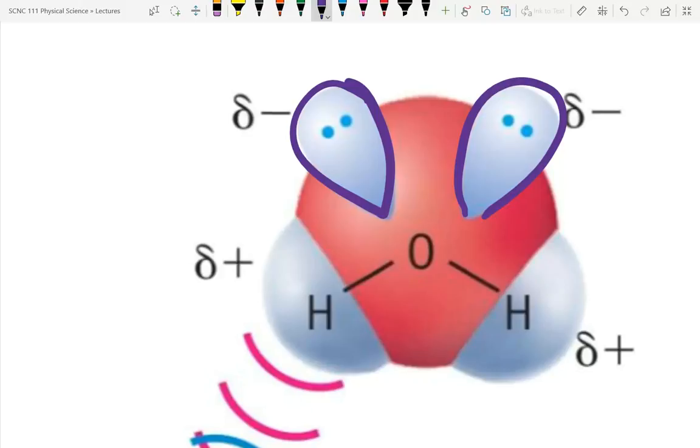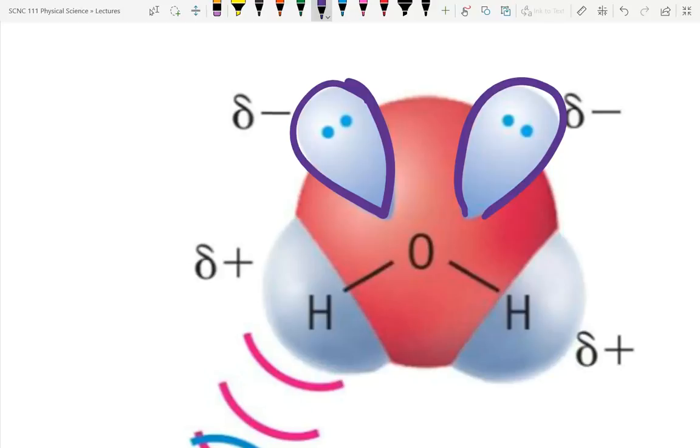Well, that actually makes me a little happy. There are machines you can buy for like $400 that claim that they will take your water and they will modify the angle between the hydrogens and the oxygen. And by changing that angle, it will make the water so it kills cancer and it's just super healthy for you.